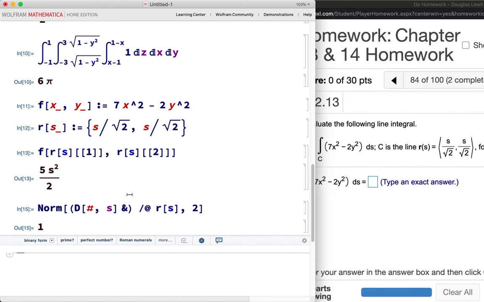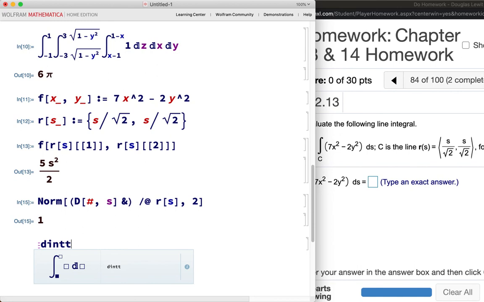So for this particular problem, what we really have is a definite integral, in parentheses, 5 times s squared divided by 2 times 1. Now, do I really have to multiply by 1?